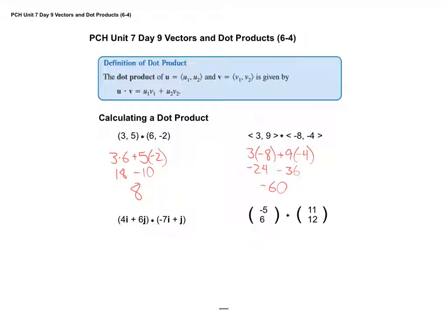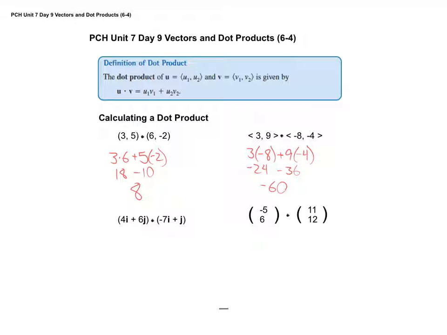When you're given ij notation, notice here the parentheses are not like the parentheses up here. The parentheses are just to hold the whole vector together. So you're not thinking that it's 6j dotted with a negative 7i only. It's the entire vector, 4i plus 6j, dotted with negative 7i plus j.